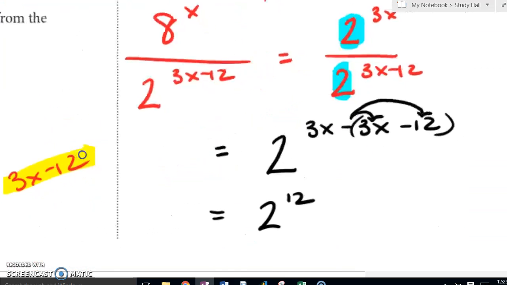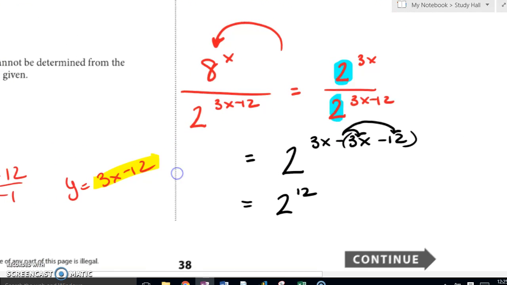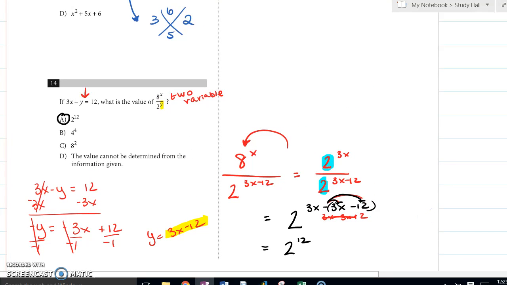Okay, so I ended up subtracting my exponents because of the quotient rule. The quotient rule says that when two of the same base are being divided, you subtract your exponents. You distribute the negative and get 3x minus 3x plus 12, which cancels out and leaves you with 2 to the 12, which is choice A.